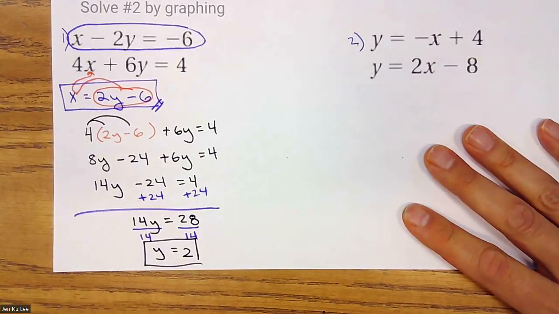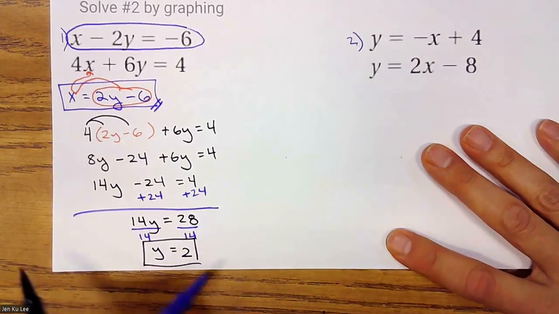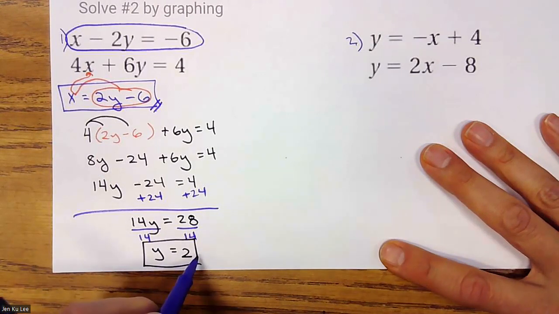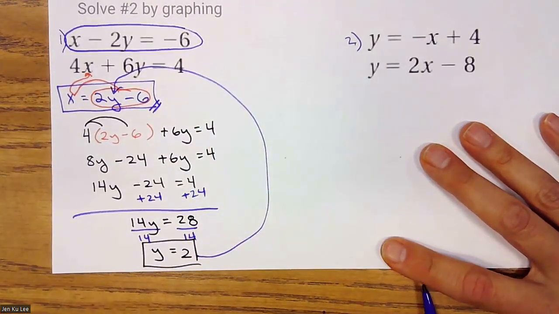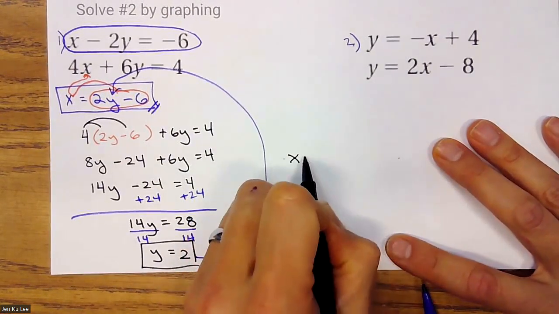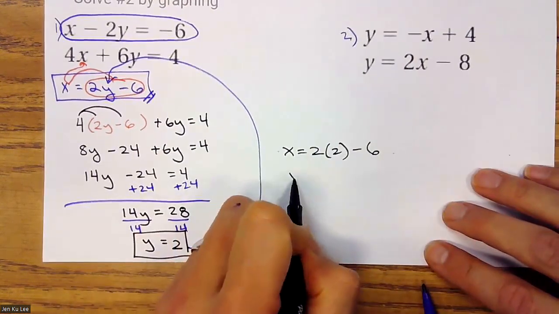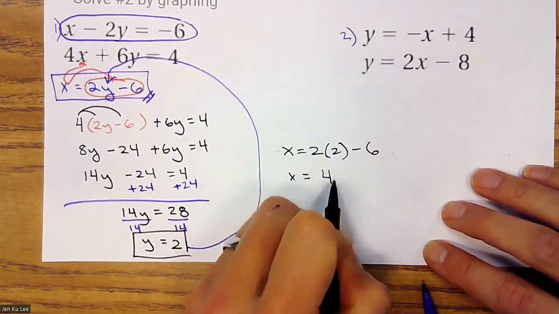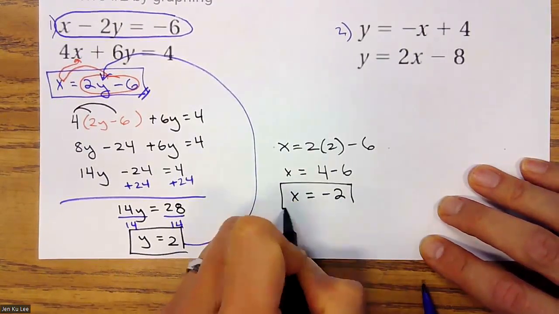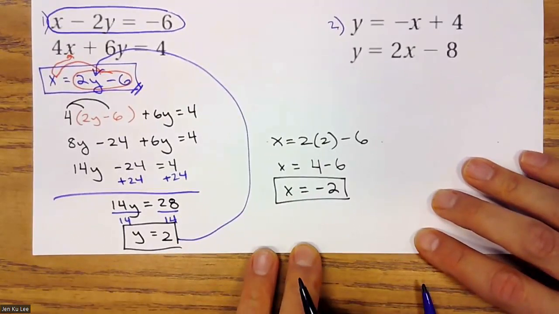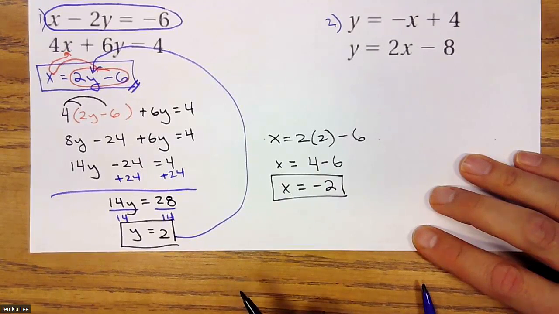Questions on that? No? So if y is equal to 2, and I know x is equal to 2y minus 6, I'm going to plug in y equals 2 into there. So that's x equals 2 times 2 minus 6. 2 times 2 is 4, minus 6. So x is equal to negative 2. Okay? So that's how you would solve a system of linear equations.